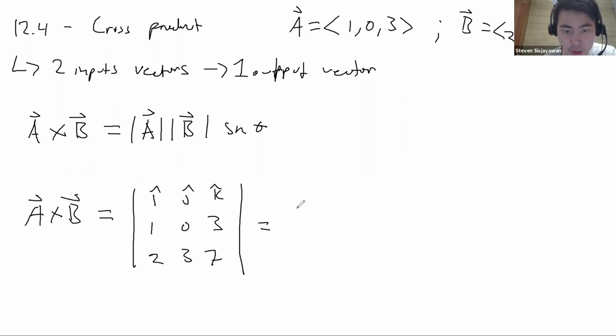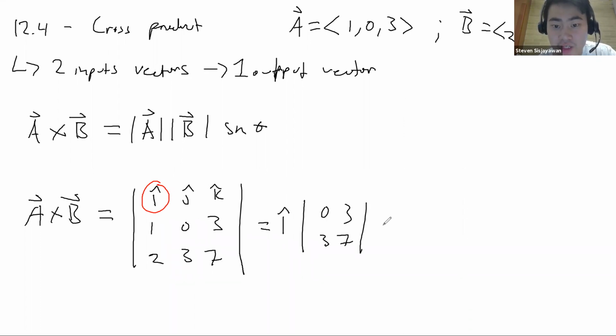As you covered in class, when you're taking the first component, let's start off with i. You get rid of everything in its row and everything in its column, look at this 2 by 2 quadrant right here, and take the determinant of that matrix. So that's the determinant of 0, 3, 3, 7.